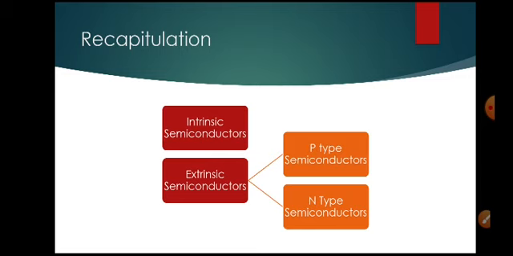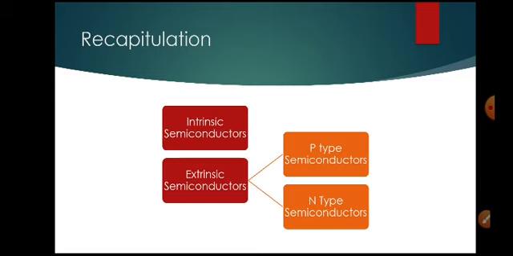So to increase their conductance, and to decrease the resistance of the pure semiconductors above the temperature 0 degree Kelvin, these pure semiconductors also conduct current at room temperature, but it is very low. It requires very high voltage, high power.